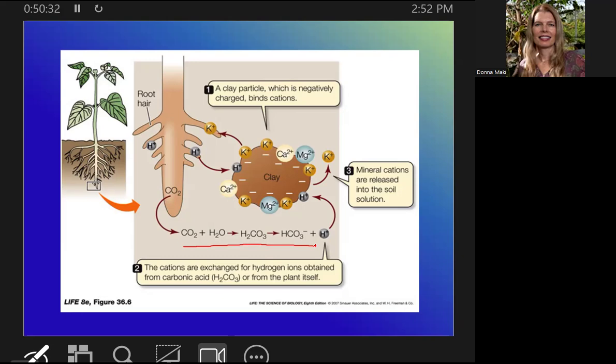And remember, pH is dependent on the proton concentration. The more protons, the more acidic. And so that's one reason why soil is slightly acidic. And then it can be used to bump for cation exchange. It can be used to bump other minerals off. So just the action of the roots breathing, so to speak, can result in cation exchange.